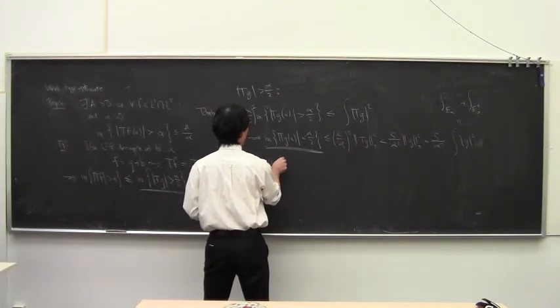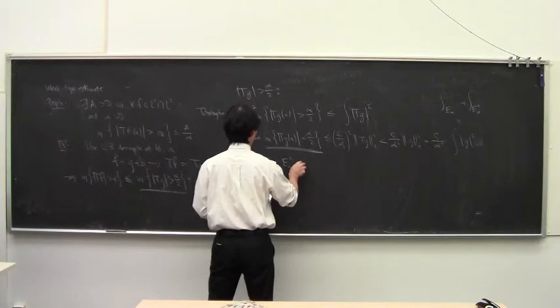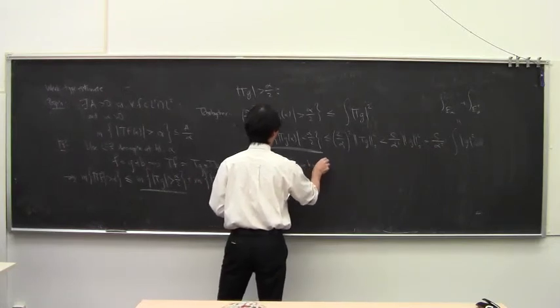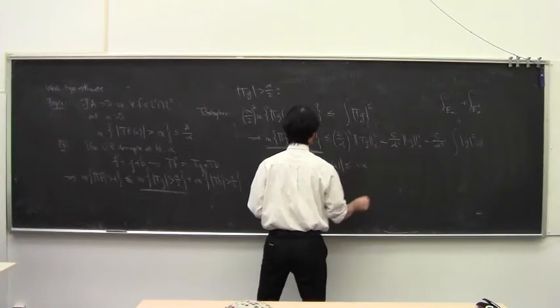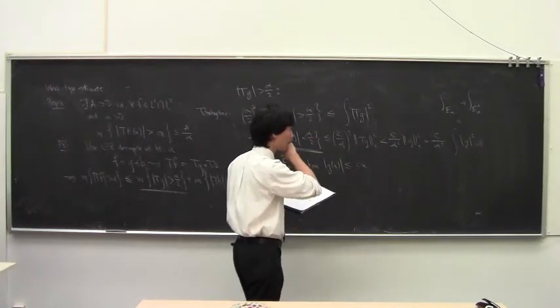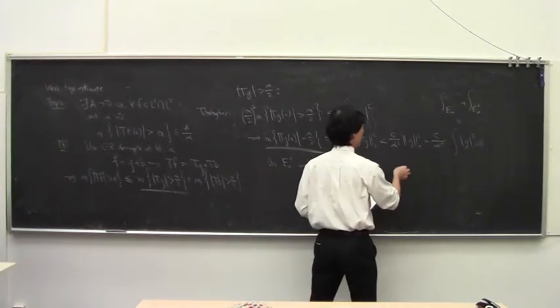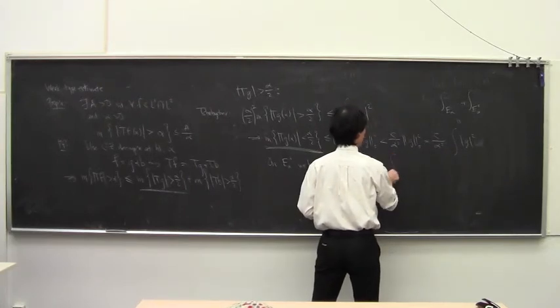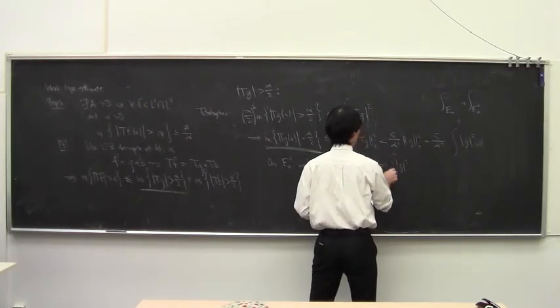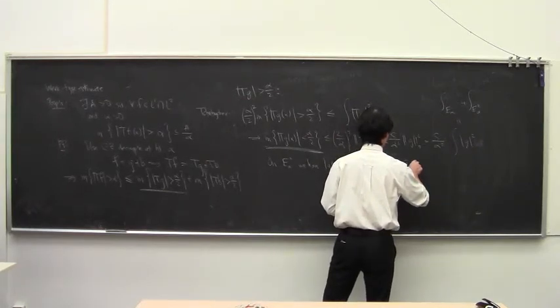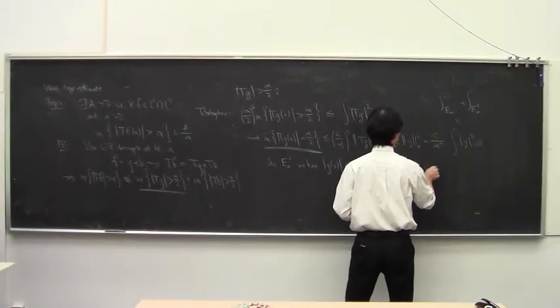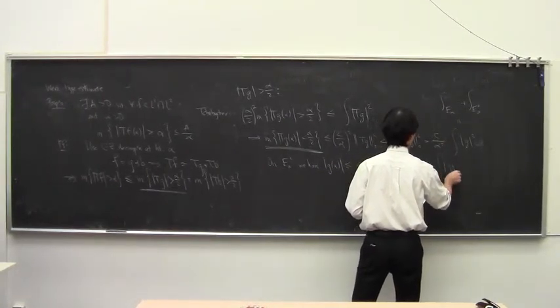Now on E alpha complement, we have that g of x is controlled by C alpha, right? So if we look at the integral of this thing on E alpha complement, well, that's controlled by C alpha times the L1 norm of g.